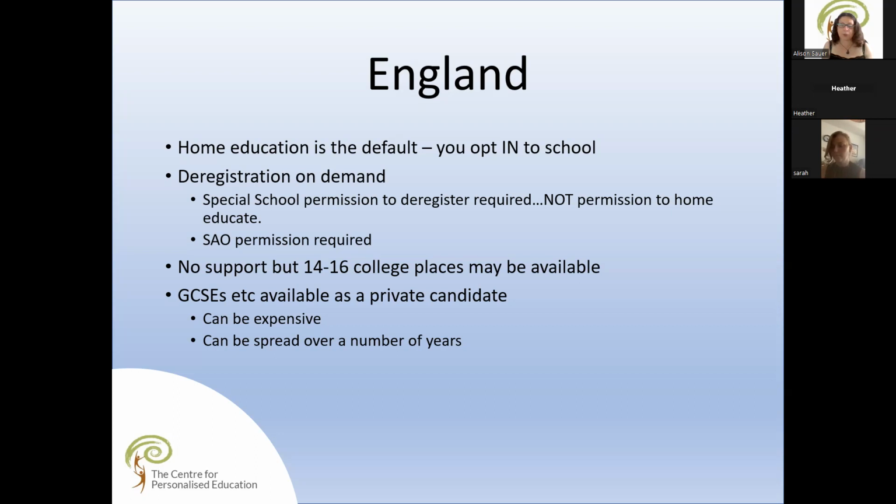You might have to download some information from the DFE website and stick it under the nose of the college. In Lancashire, the child has to be referred to some of our colleges for a 14-16 place, because they've got the knickers in a twist over safeguarding and they don't understand what the law says. But I'm just not rocking the boat round here, because if I can get the kids in, that's great.